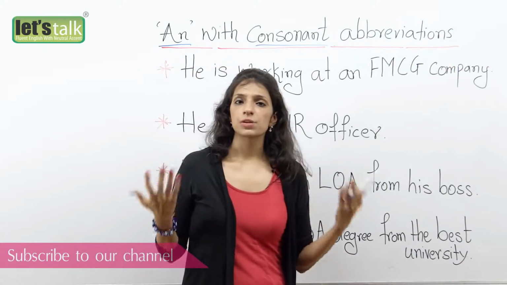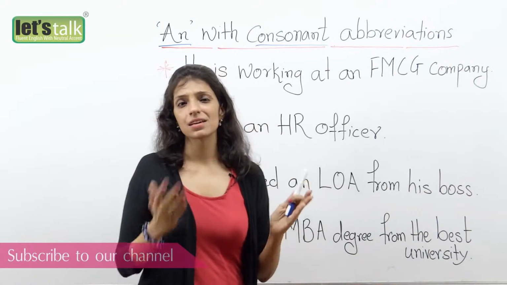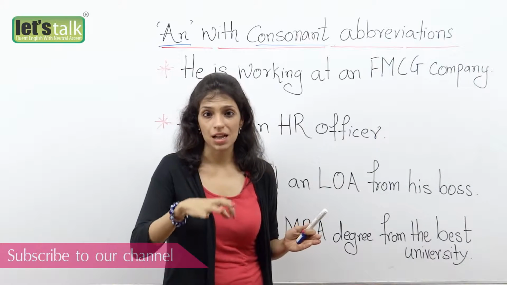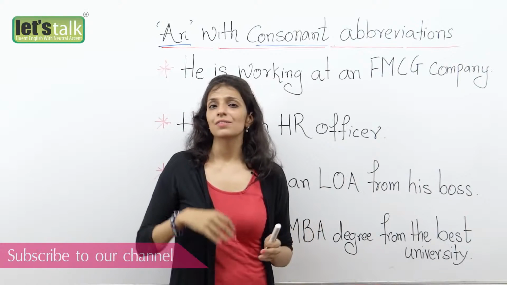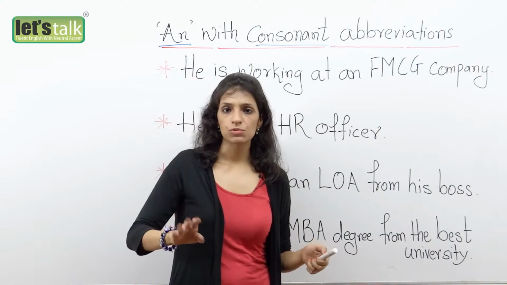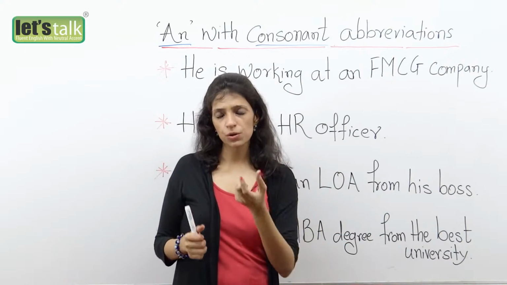I'm sure you'll have learned about articles a and an being indefinite articles, and that they're used for singular nouns. The very common rule is a is used for consonant nouns, and an is used for vowel nouns, of course singular ones.